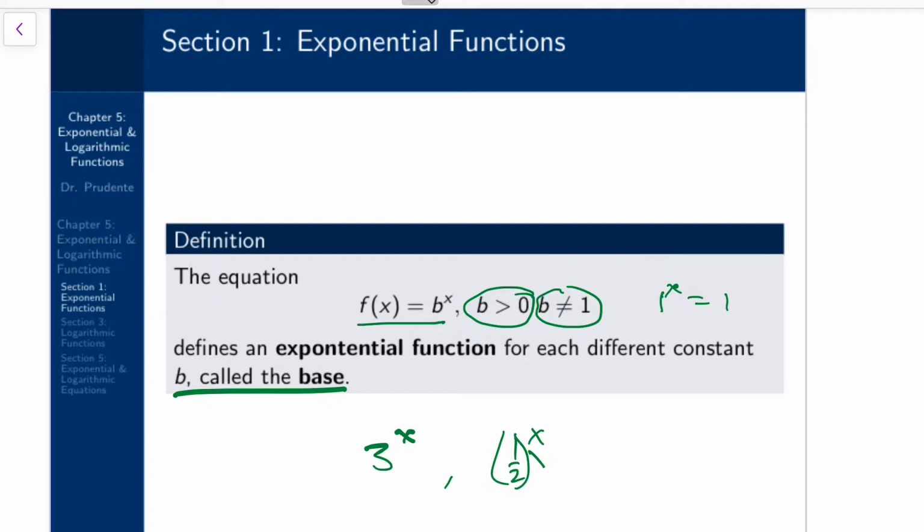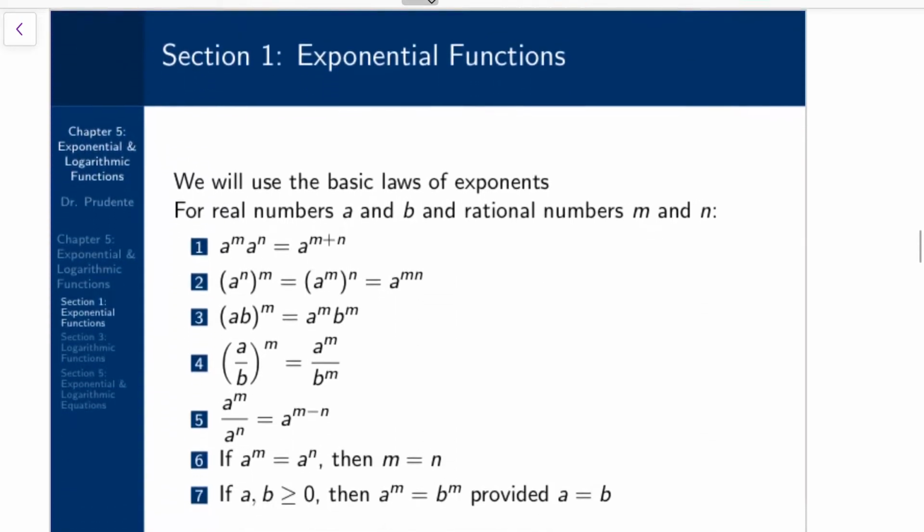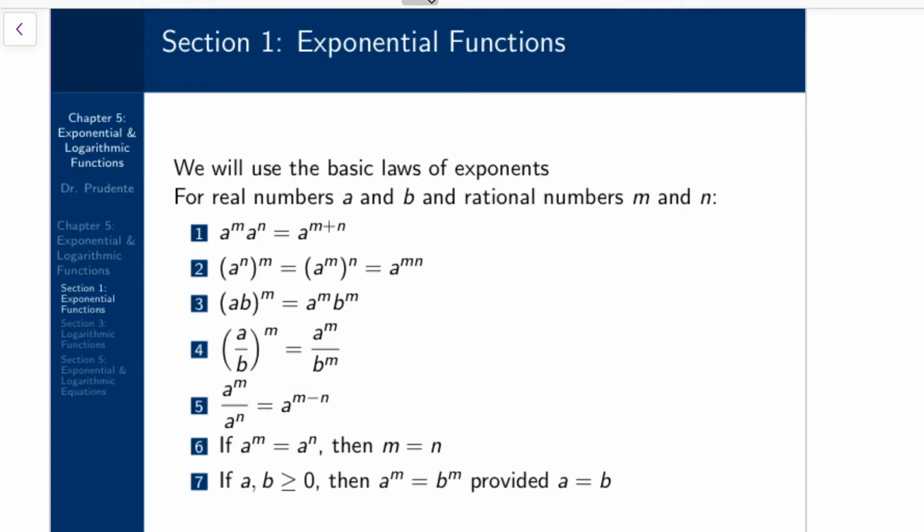And what's nice about the study of exponents is all of these properties that we had before, the same normal few properties, basically 1 through 5, are all going to hold without exception. The two properties that we're going to take advantage of mostly right now is 6: if I have equal bases with two different exponents, then those exponents must be the same.